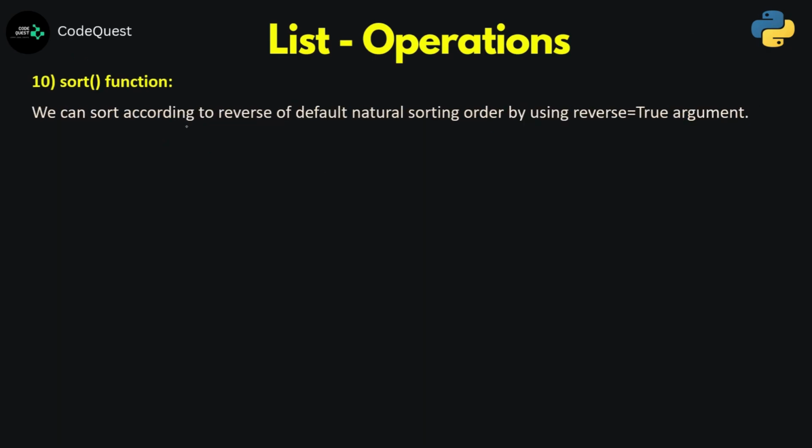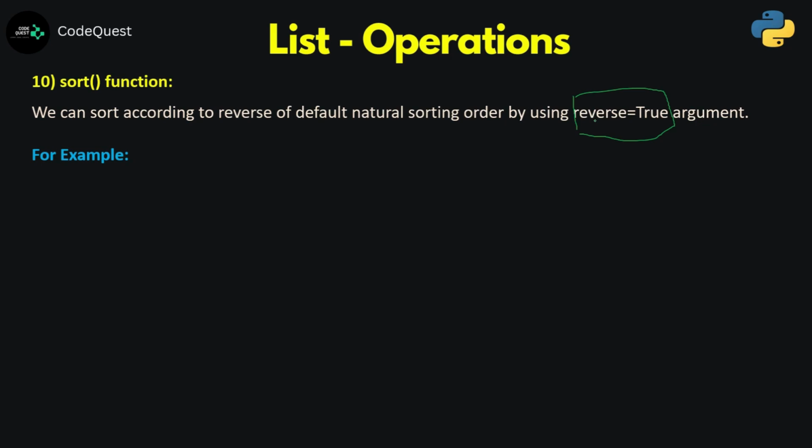The sort function can also be used to put the elements in descending order or reverse order. For this, we take an additional parameter called reverse and set it to true. In fact, when you use the sort function, this reverse attribute is by default set to false.